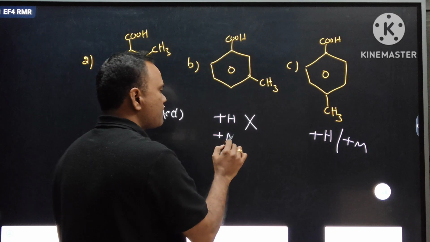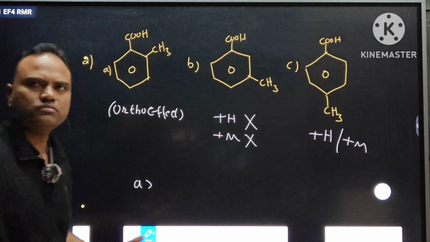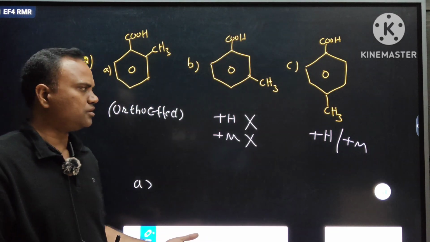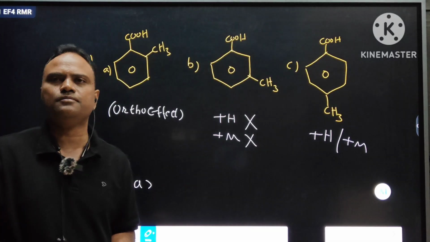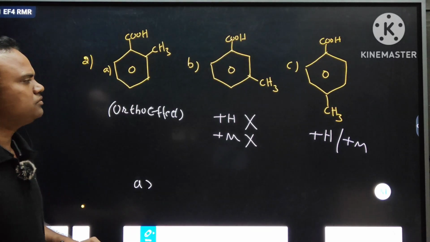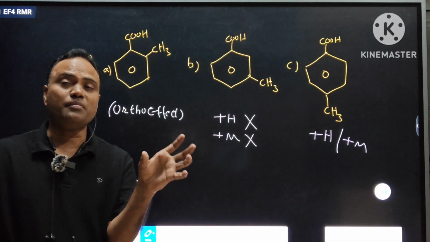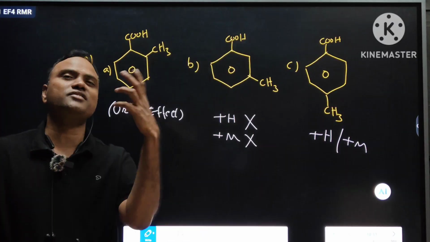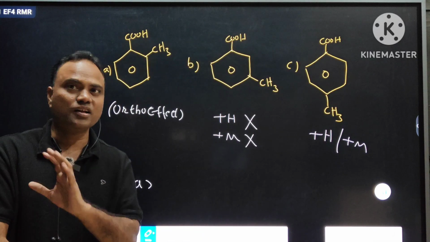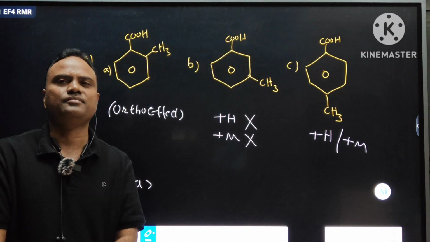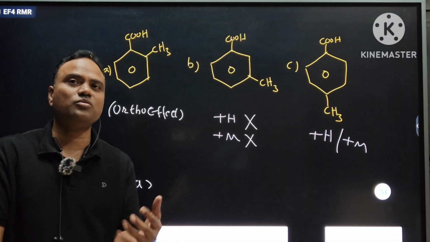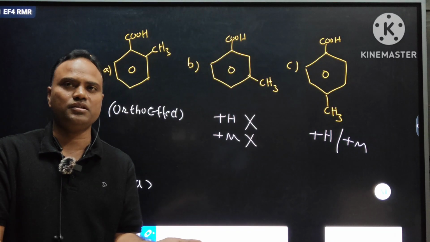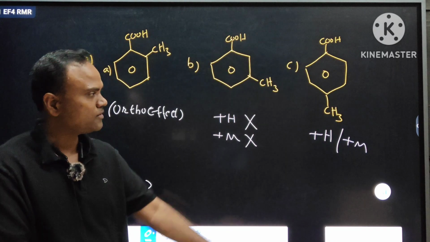Donation through plus H and plus M, both are the same only, right? But you know, minus I and minus M only increase the acidic nature. Clear? Not plus M plus I. If plus M plus I is present, then the acidic nature decreases.